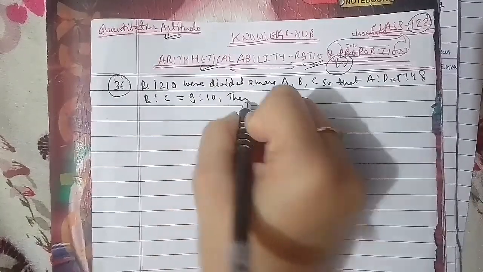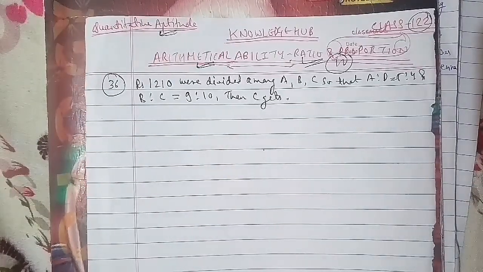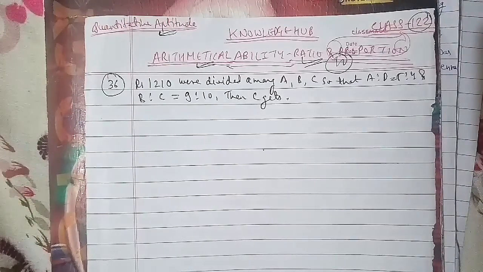Then what does C get? This is an important question, and let's find it out, because all these questions that we talk about are important. When you go through these types of questions, you will find it in each and every video. As I told you, all of these are important, so you have to go for the same. Let's find out the solution here.